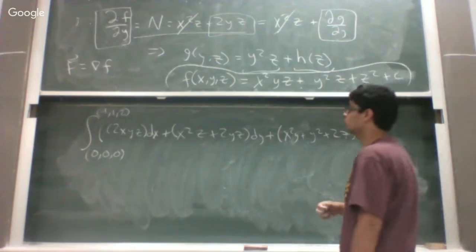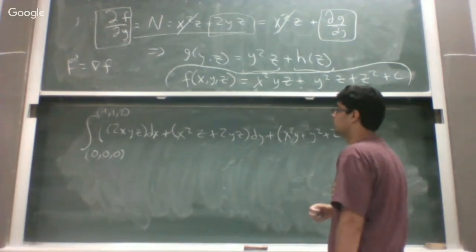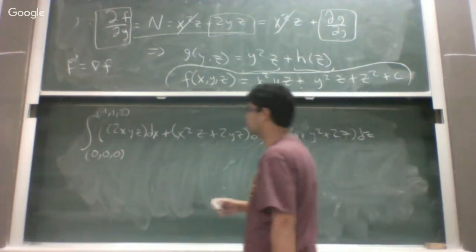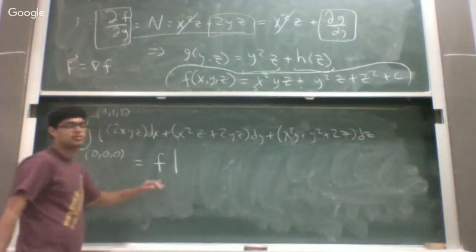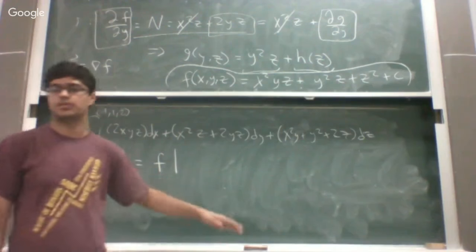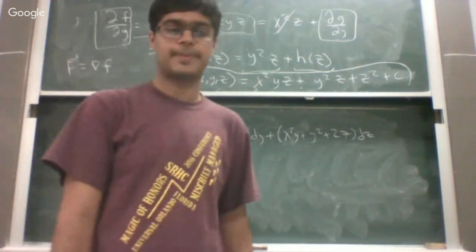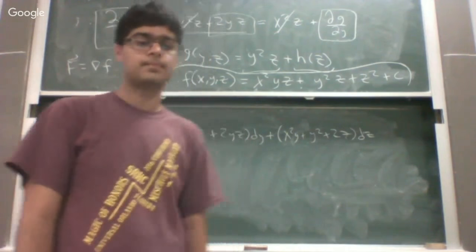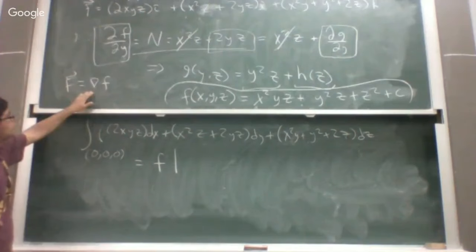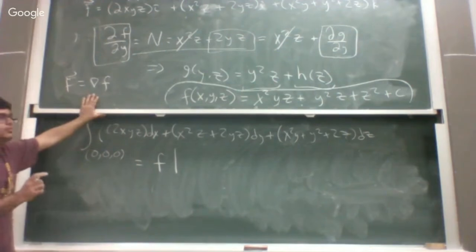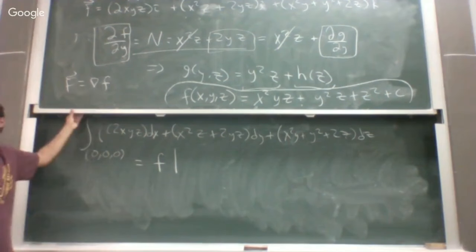We already know, though, that that's equal to f. So we just put in the limits for it. Because a gradient is the partial derivatives, right?